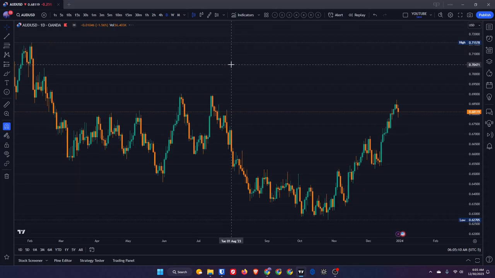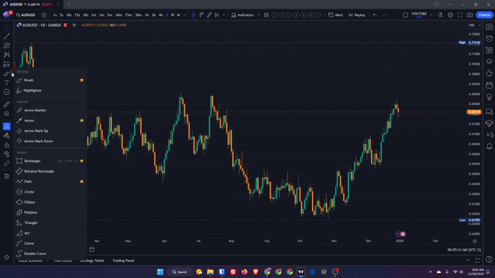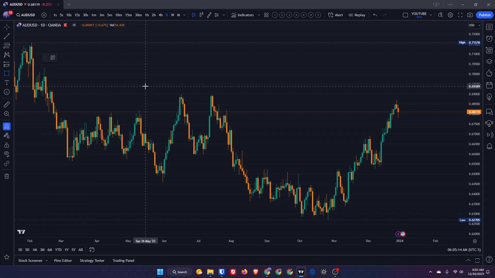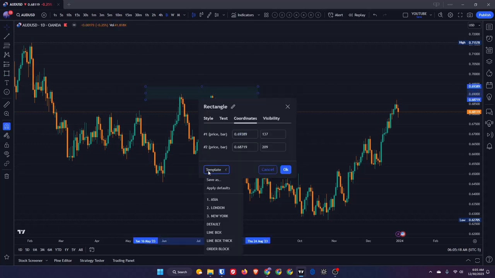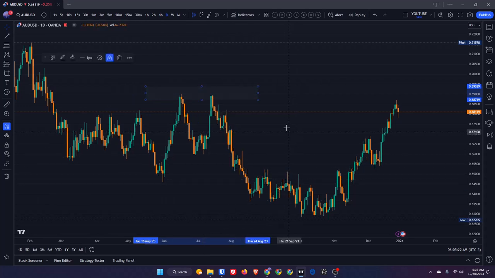All right, so basic supply and demand, or support and resistance. Boom, we got a resistance zone right here. So all support and resistance is a key level or area that price got rejected at.